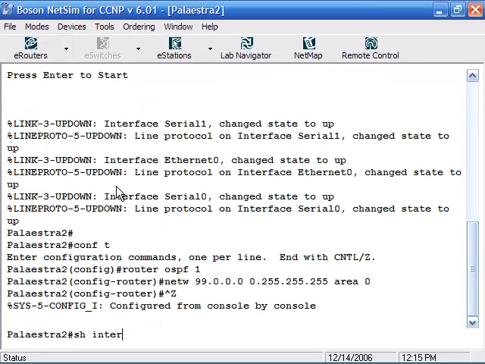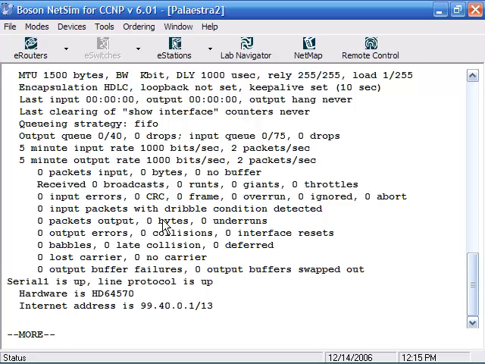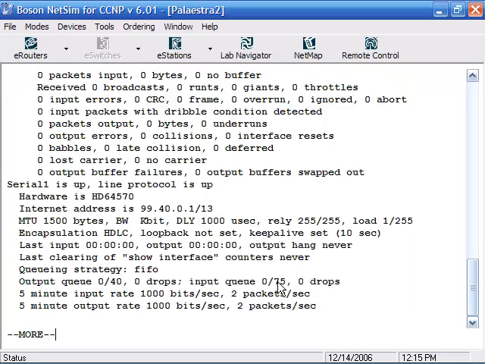I would do show interface and check out the IP address, or show run, and I would look at this interface right here. Serial 1 is the interface on Palestra 2 that connects to Palestra 3, and I'd look at the IP address, 99.40.0.1. Notice /13. Remember, if the subnet masks don't match in the hello packets and the IPs aren't sharing the same subnet address, then you're going to have problems.